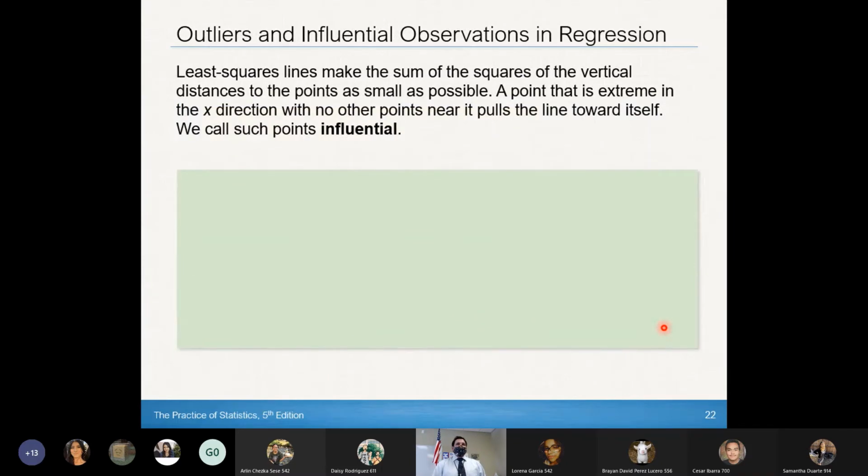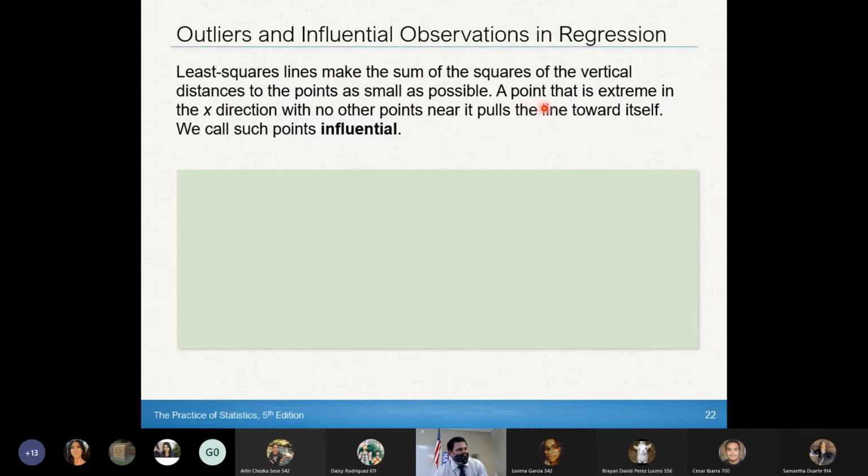Least squares lines make the sum of the squares of the vertical distances up and down to the point as small as possible. That's the goal of the line. A point that is extreme in the x direction with no other points near it pulls the line towards itself. We call such points influential.